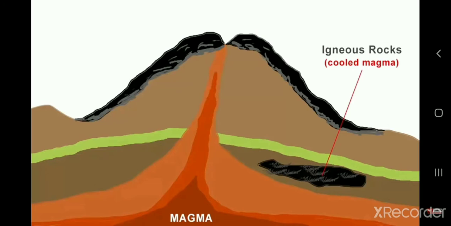You can see the magma comes out. The magma as well as the lava on the surface, when it gets cooled down, it solidifies, which means it converts into solid form. Lava is in a liquid form, right?